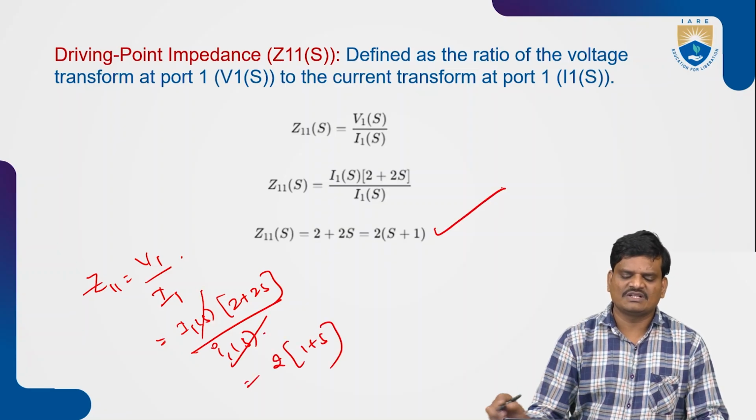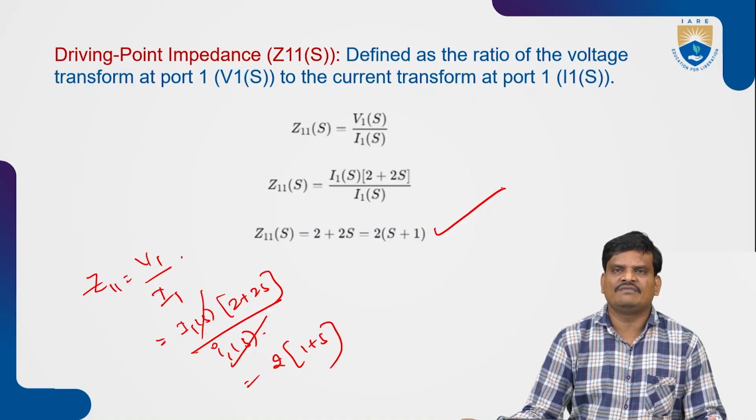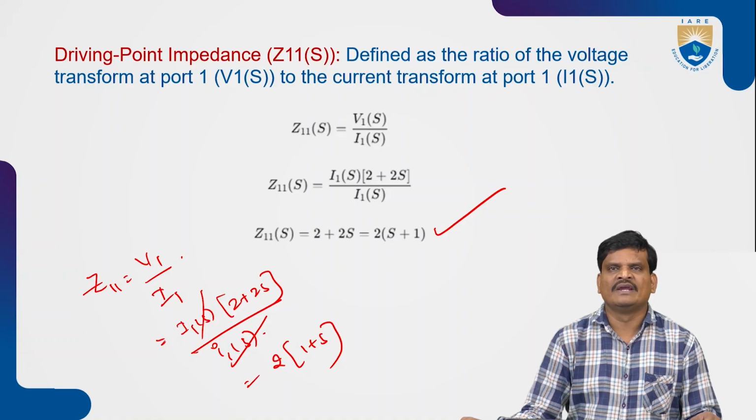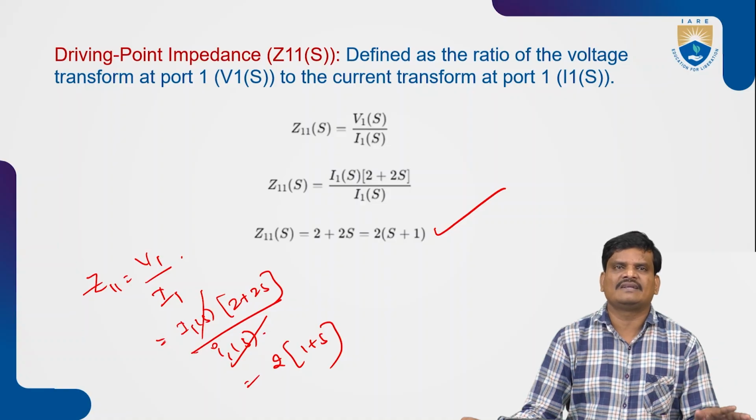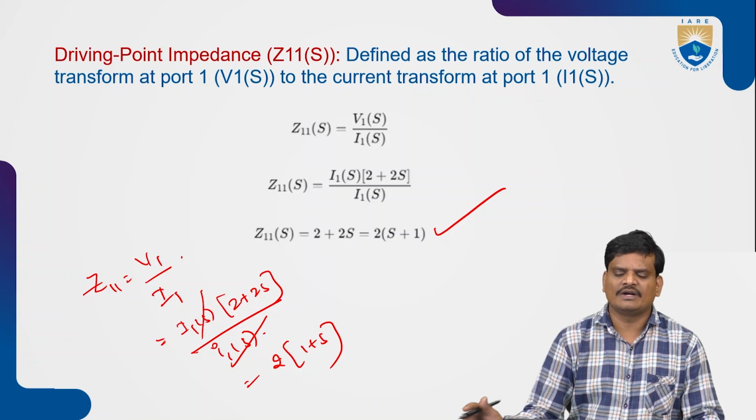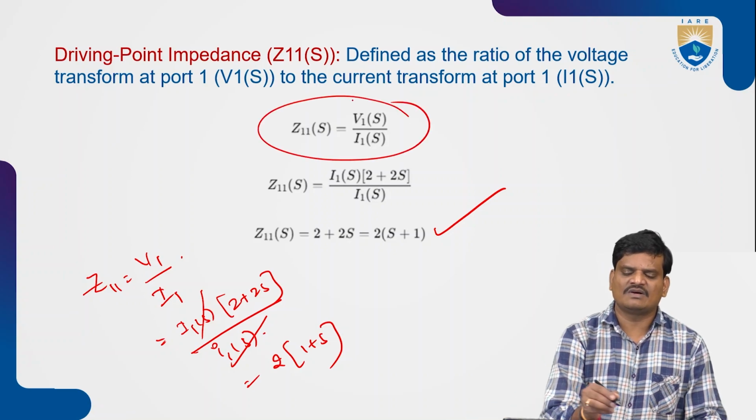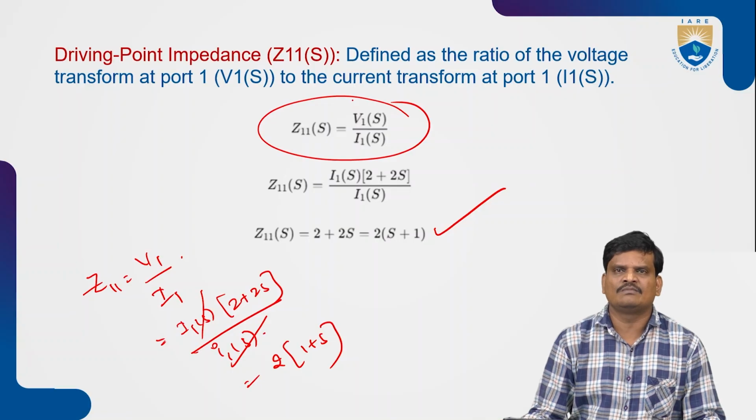So the expression for Z11, the driving point impedance, is 2 into (s plus 1), or 2 into (1 plus s). This is how you need to evaluate the parameters from the predetermined formulas for one-port and two-port networks. These formulas of Z11, Z21, G21 are very, very important in order to evaluate such problems.